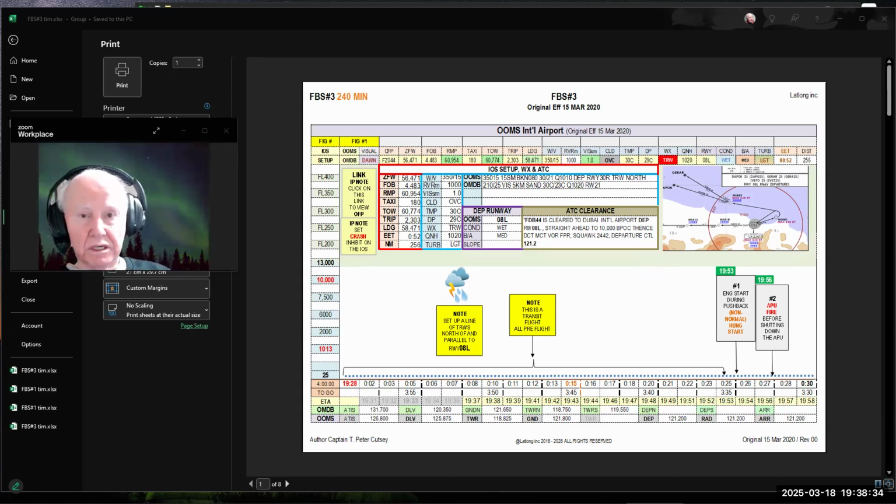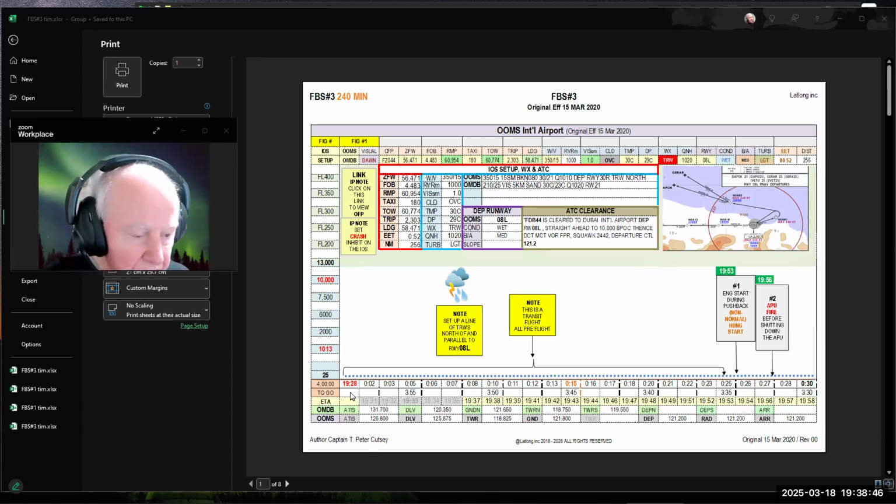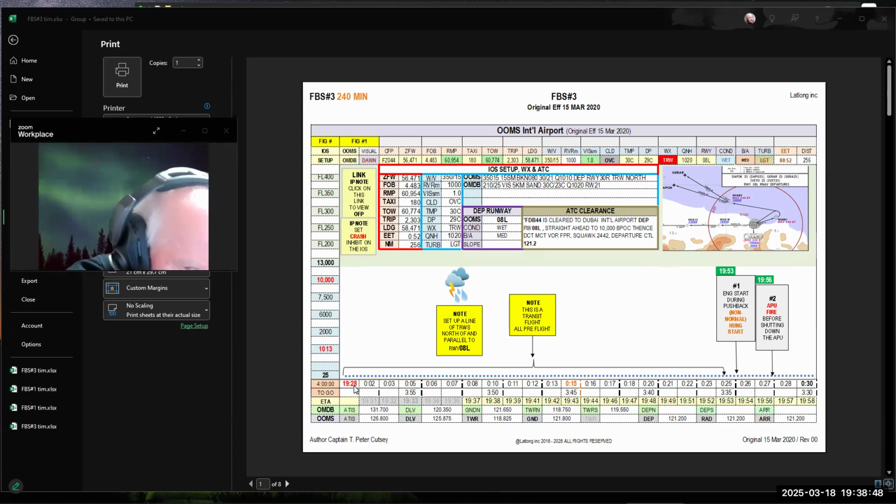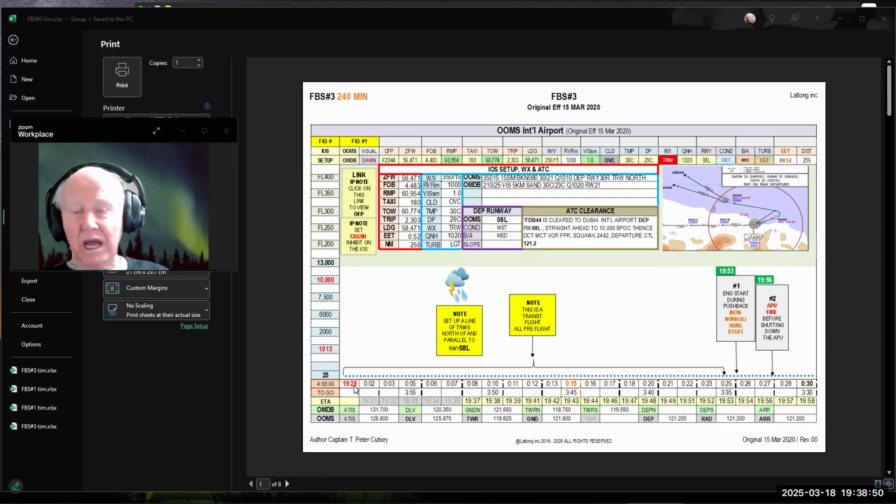This is sheet 1 of 8. Each sheet lasts for 30 minutes in real time. The time that I opened this file was 1928. It's now 1938. So 10 minutes ago, I opened that file, real time.